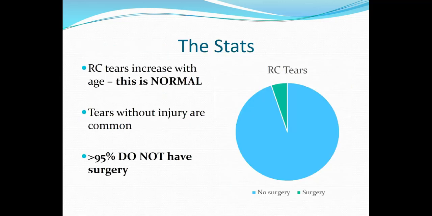It's important to remember that rotator cuff tears increase with age and that this is a normal part of aging. Atraumatic tears are very common, and greater than 95% of people with rotator cuff related pain in their 60s or later do not have surgery and can be managed non-operatively.